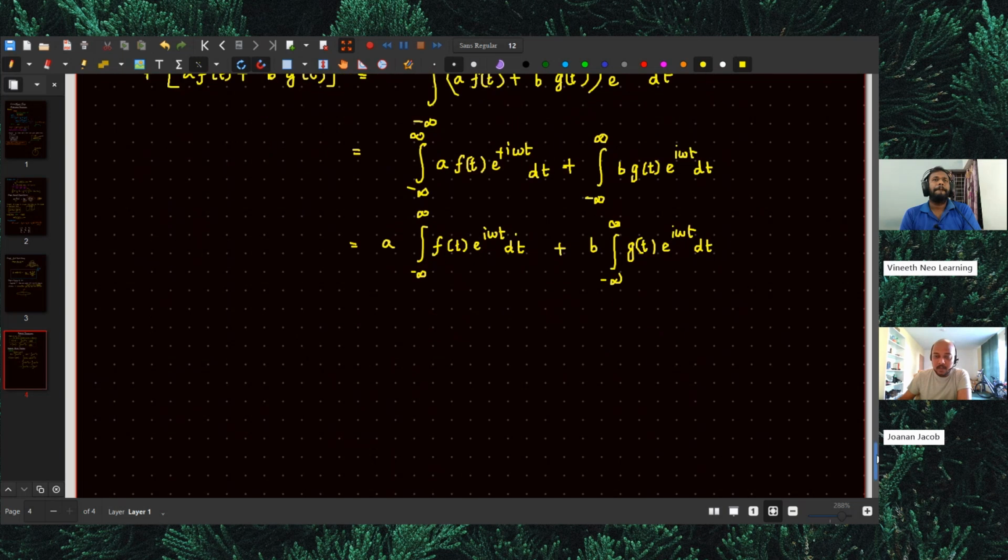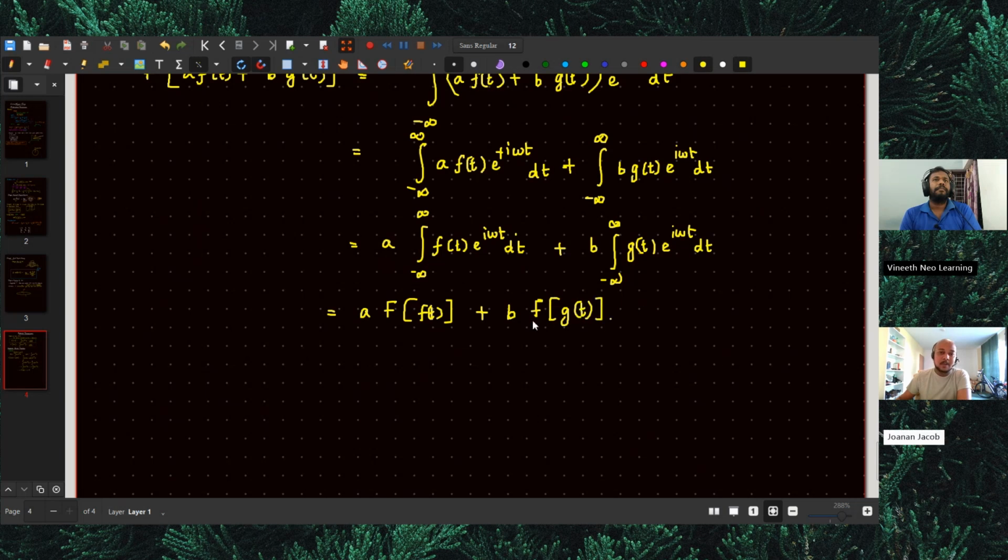Now I can write this as a into the Fourier transform of f of t plus b into the Fourier transform of g of t. This is what we call the linear property of Fourier transforms. We can see that the linearity of the integral applies here also.